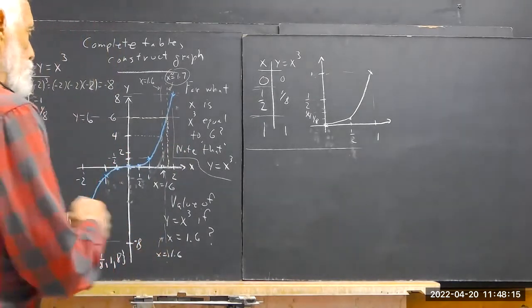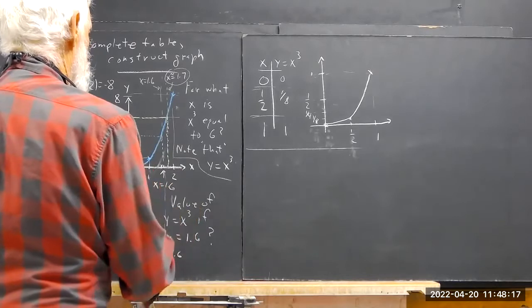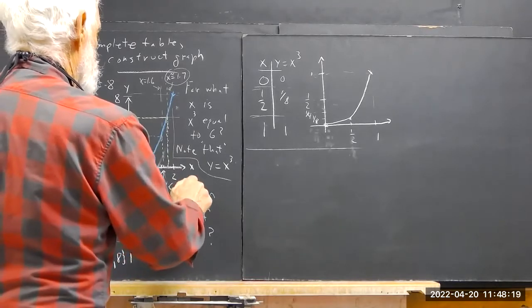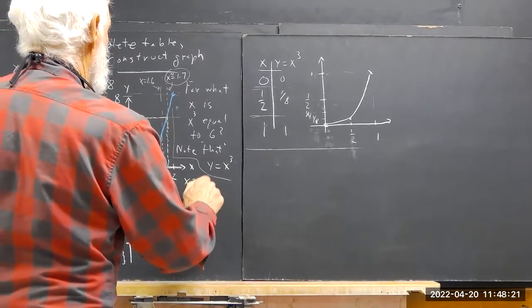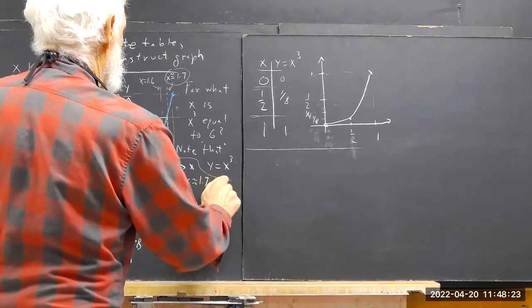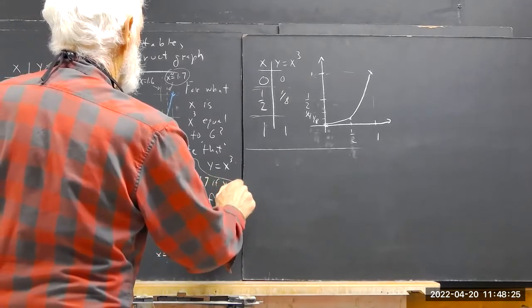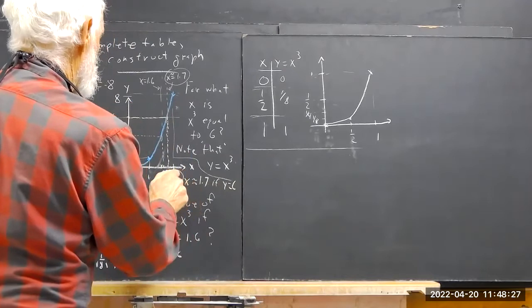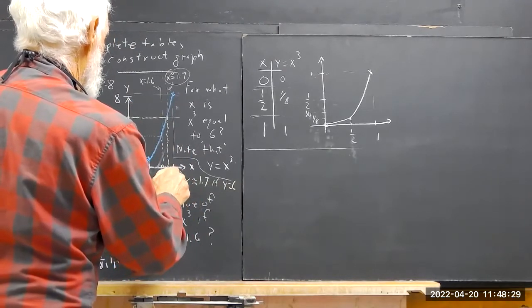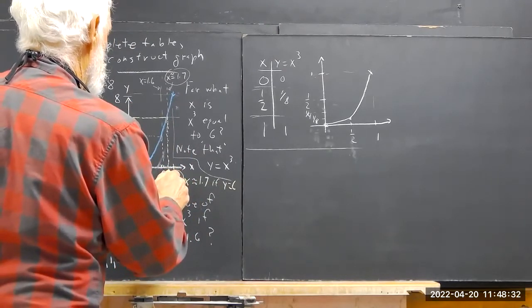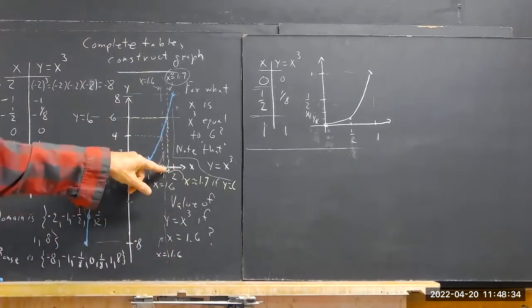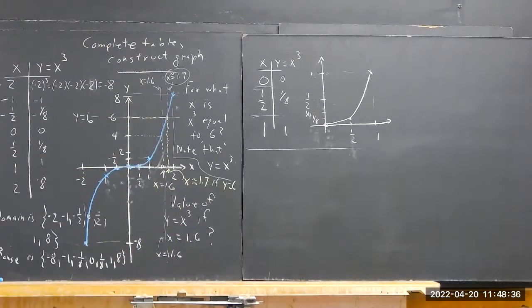And this shows me that x is approximately 1.7. So I'll say x is approximately 1.7 if y equals 6. Graph is getting a little crowded here. But that's the idea. Okay.